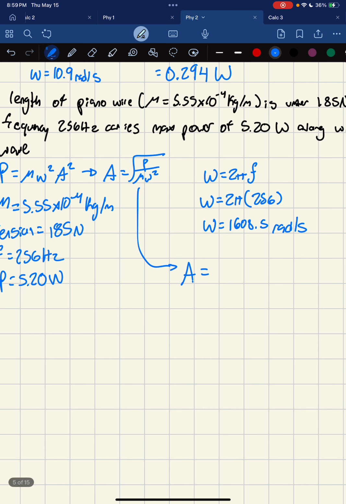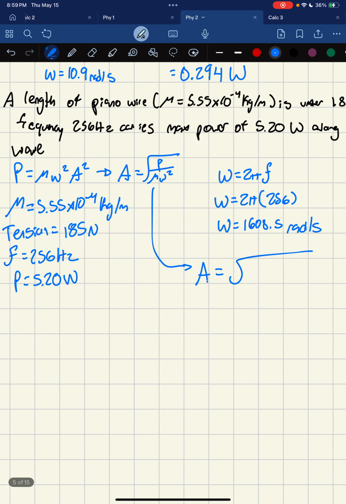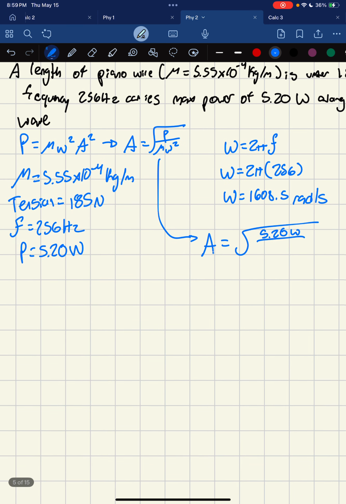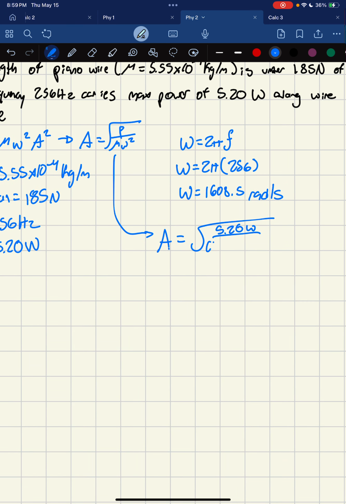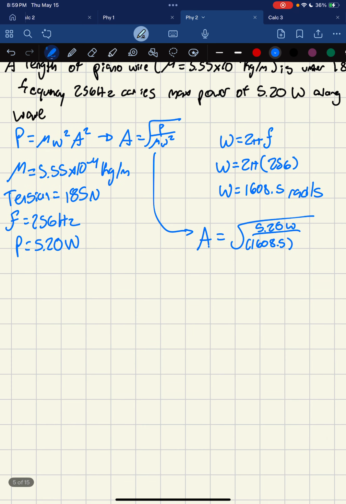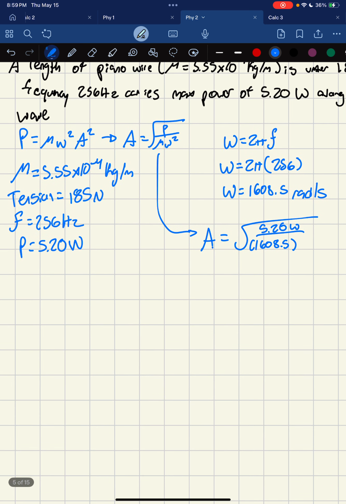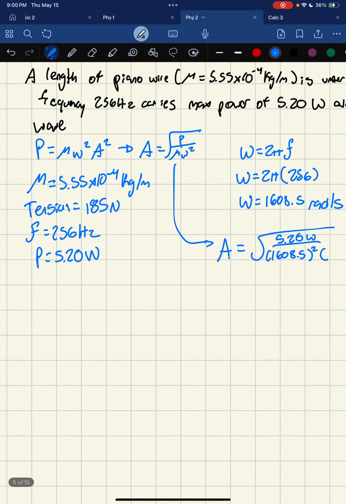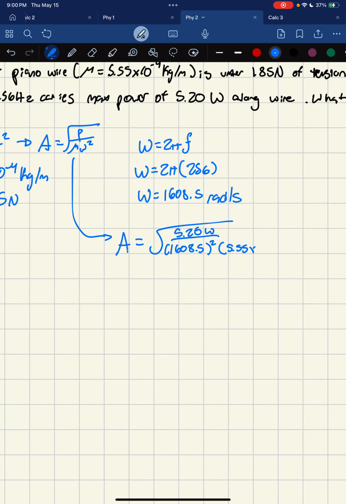So A is equal to square root of my power, which is 5.20 watts, divided by the angular frequency 1608.5, and I multiply by the linear density, which is 5.55 times 10 to the negative 4.